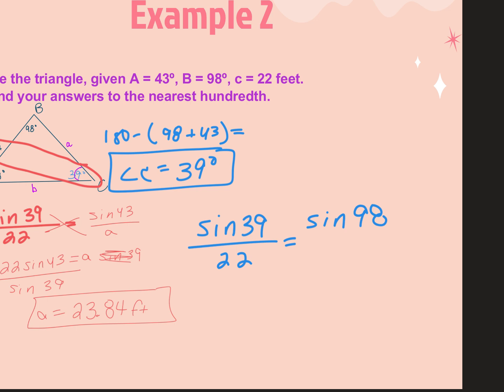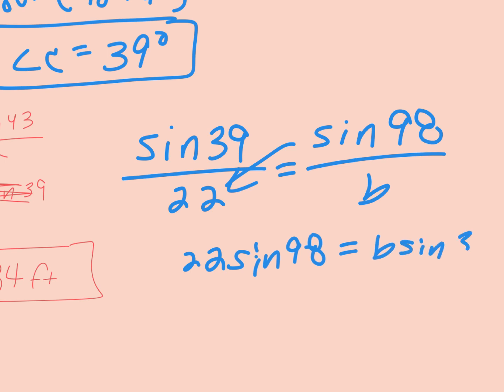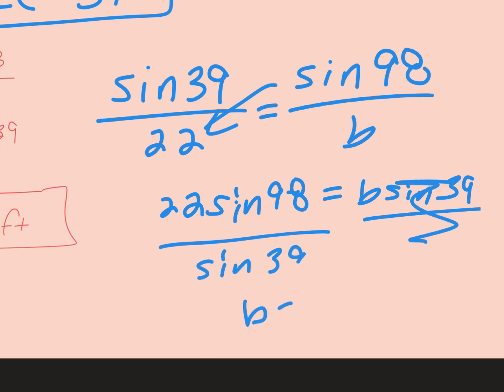So sine 98 over B. What do we do? Cross multiply, right? 22 times the sine of 98 equals B times the sine of 39. And then divide. Perfect. Divide by sine 39. So guys, how long is side B? 22 times the sine of 98 divided by sine 39.